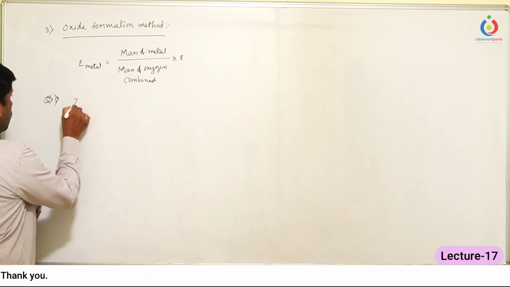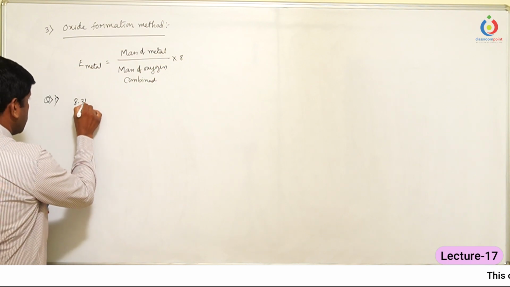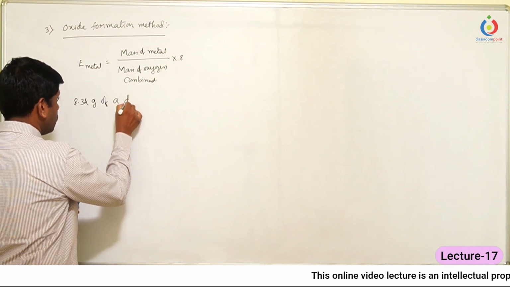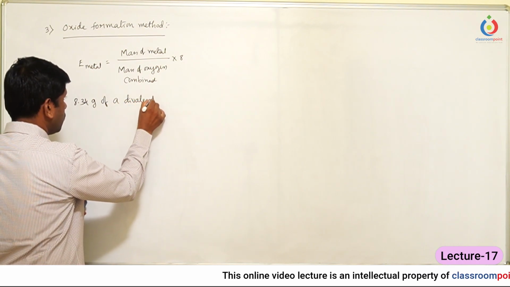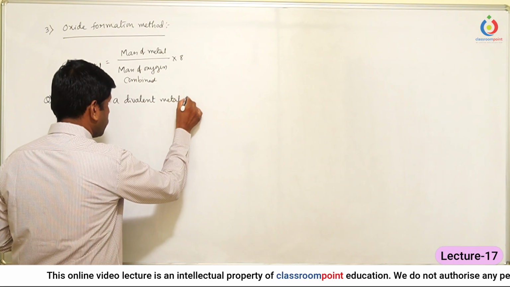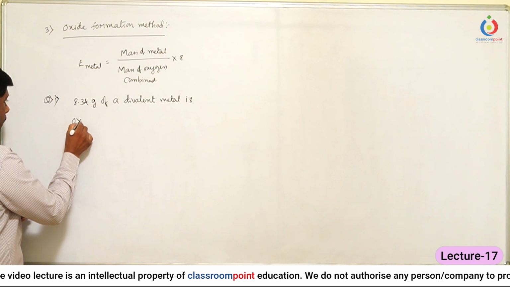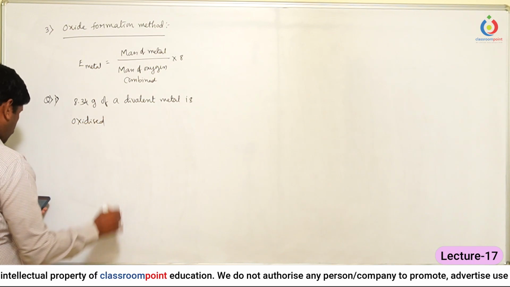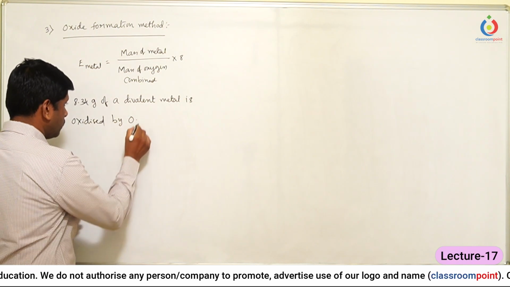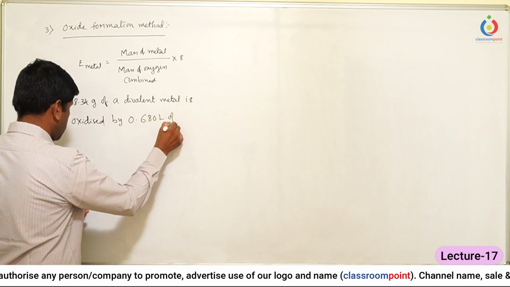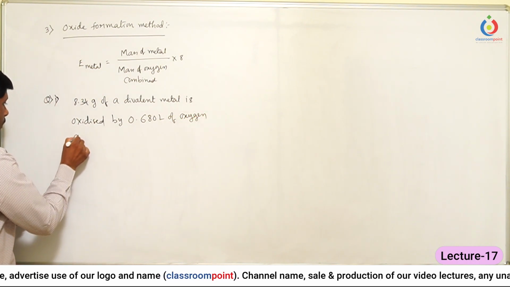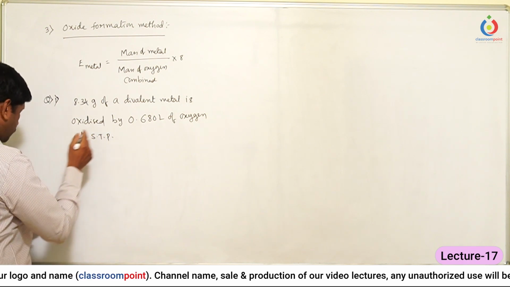First one, 8.34 grams of a divalent metal is oxidized by 0.680 liters of oxygen at STP.